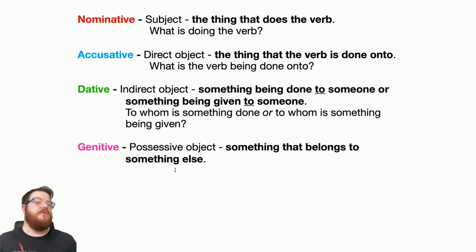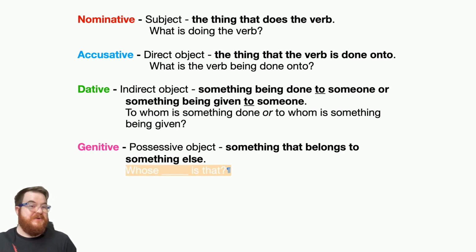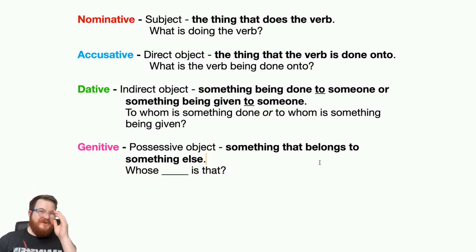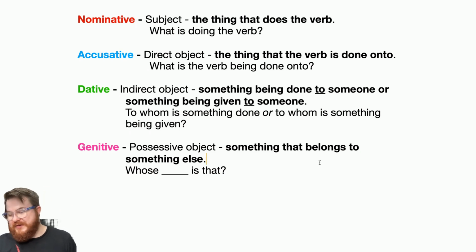If we want to work out what the genitive is in a sentence, the question that we ask is quite simply, whose? So, whose something is that? If you think of the example that I just gave, the dog's bowl, if I wanted to work out what the genitive was, I would ask, whose bowl is that?